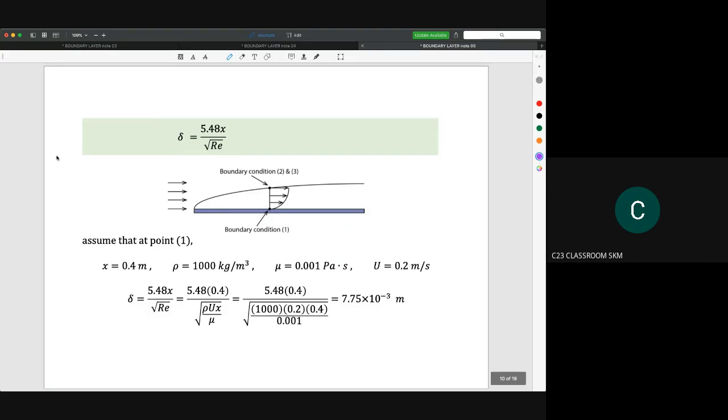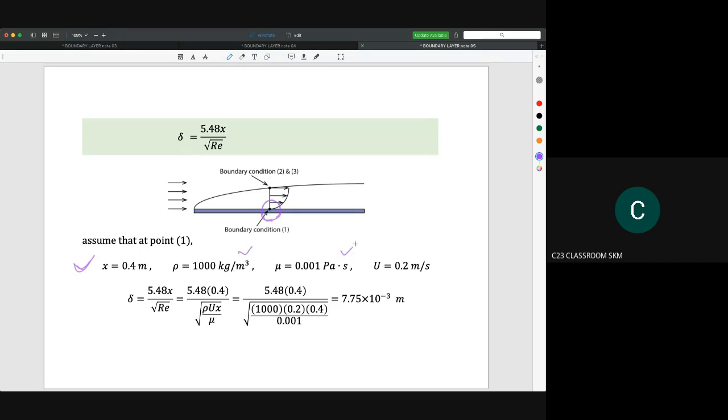Okay, so this is the example. As I said, let's say we have a point 1 here. The information is that x is 0.4 meter and rho is 1000 kilogram per meter cube, so the fluid is water.